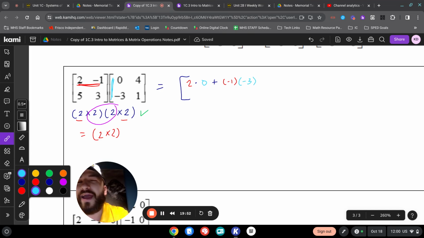And that is just going to be my very first term of my resultant matrix. Then I'm going to do first row again, but now times my second column. So 2 again, but this time times 4.